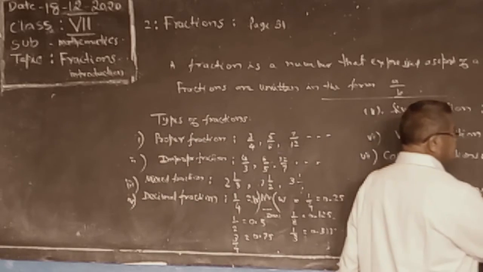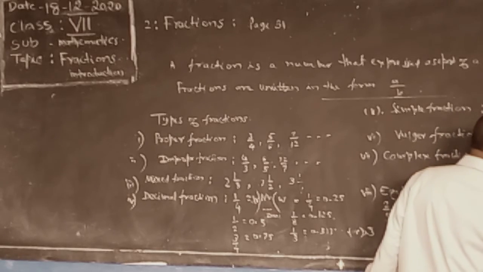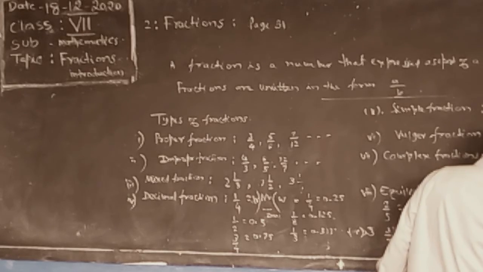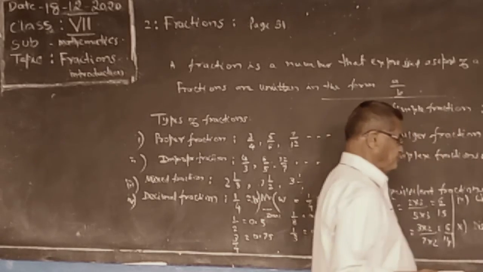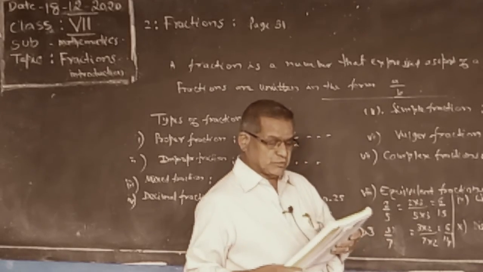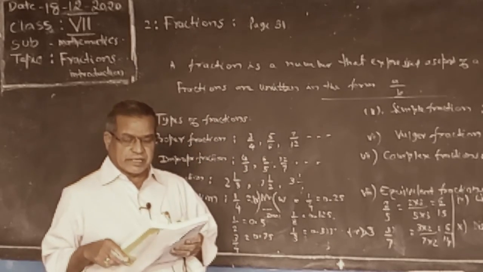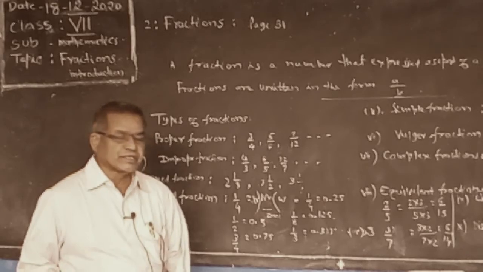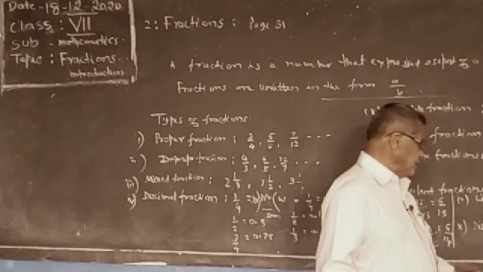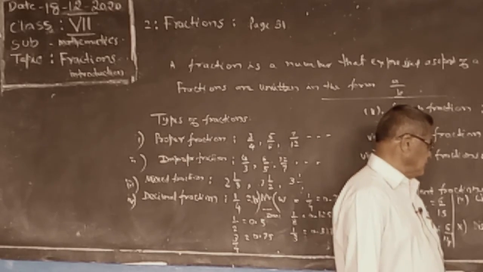In unlike fractions, the denominators are different. Fractions that have different denominators are called unlike fractions. This is their denominator 2, their denominator 4, their denominator 8.